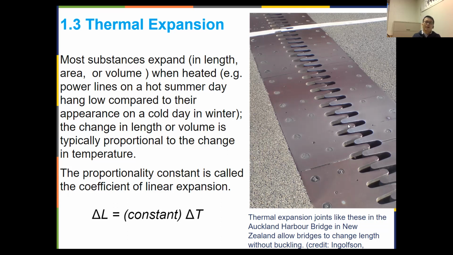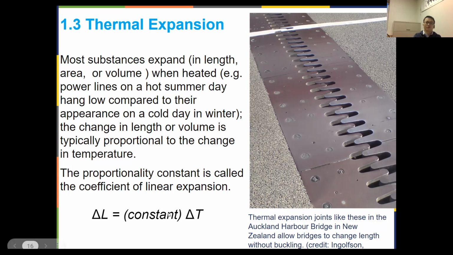Any material's length will change according to temperature change. Most of them are linear, with just a few exceptions. For most of them, the change of length is proportional to the change in temperature, with a constant that depends on what material you have.